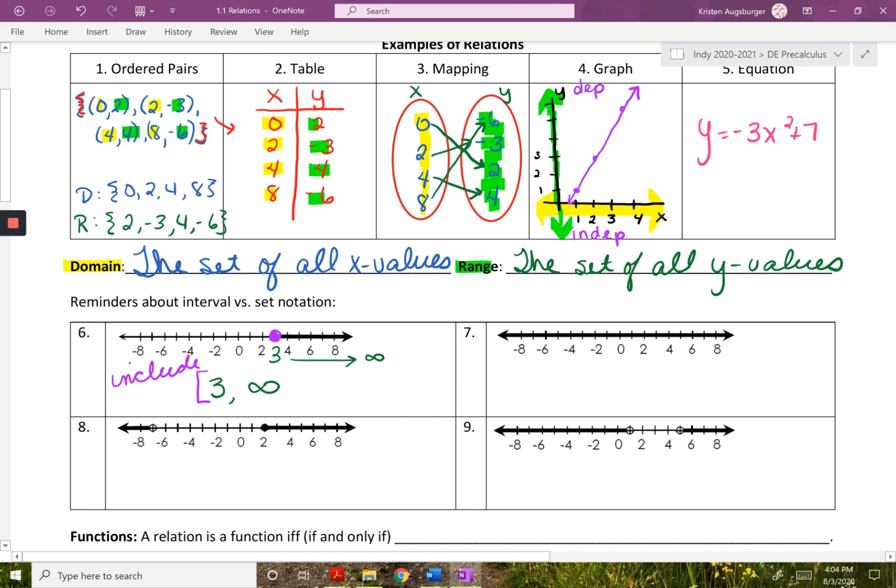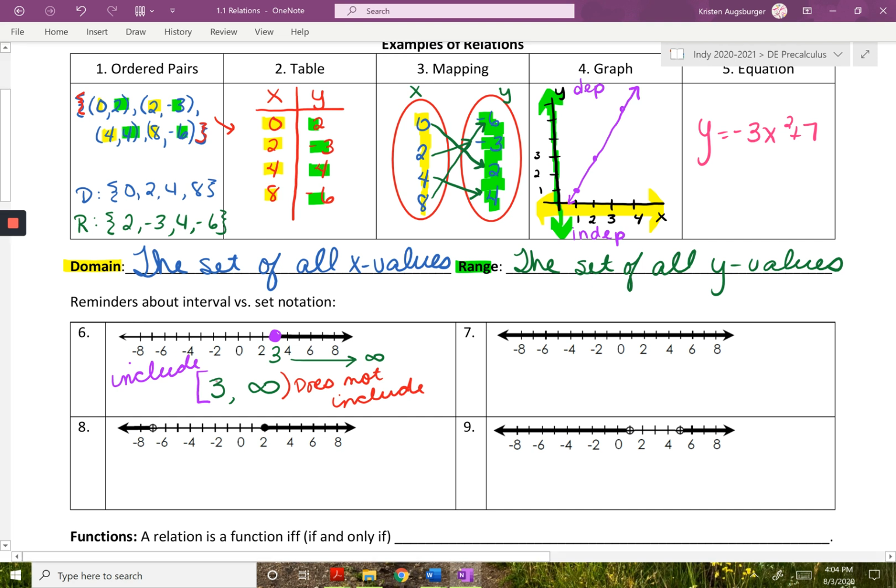So since I can always keep going further and further out, I'm going to put a parenthesis on that, and that means that it does not include. It gets as close as it possibly can, but infinity isn't a number that we can put our finger on. Because of that, we're going to use a parenthesis.